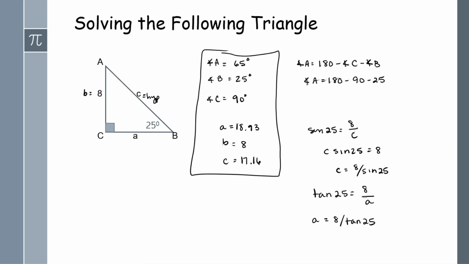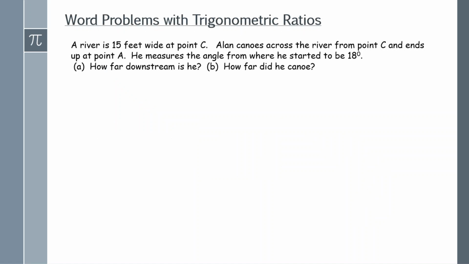Now let's put this process into a word problem. So we have a river that is 15 feet wide at point C. Alan canoes across the river from point C and ends up at point A. He measures the angle from where he started to be 18 degrees.